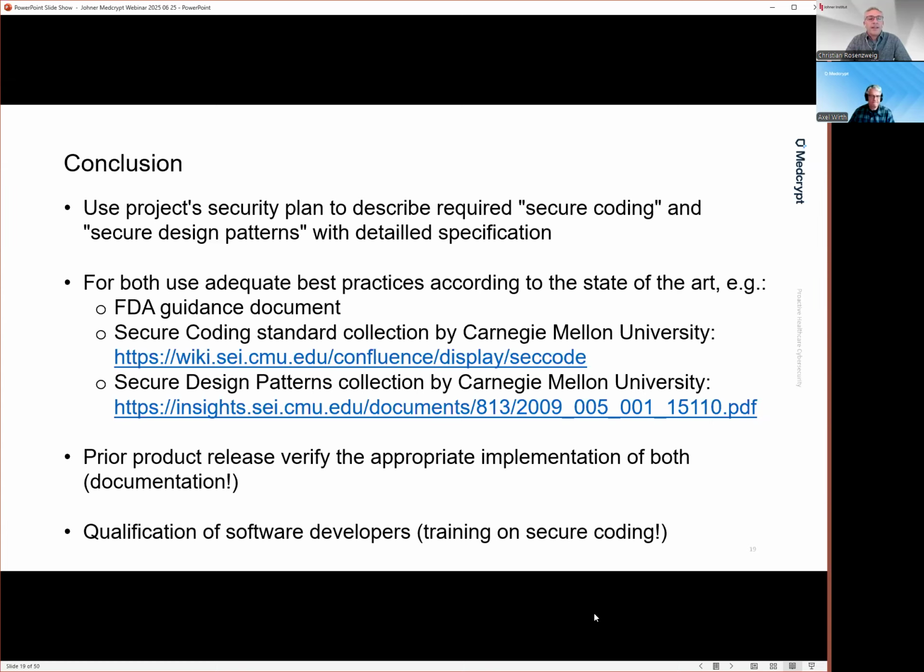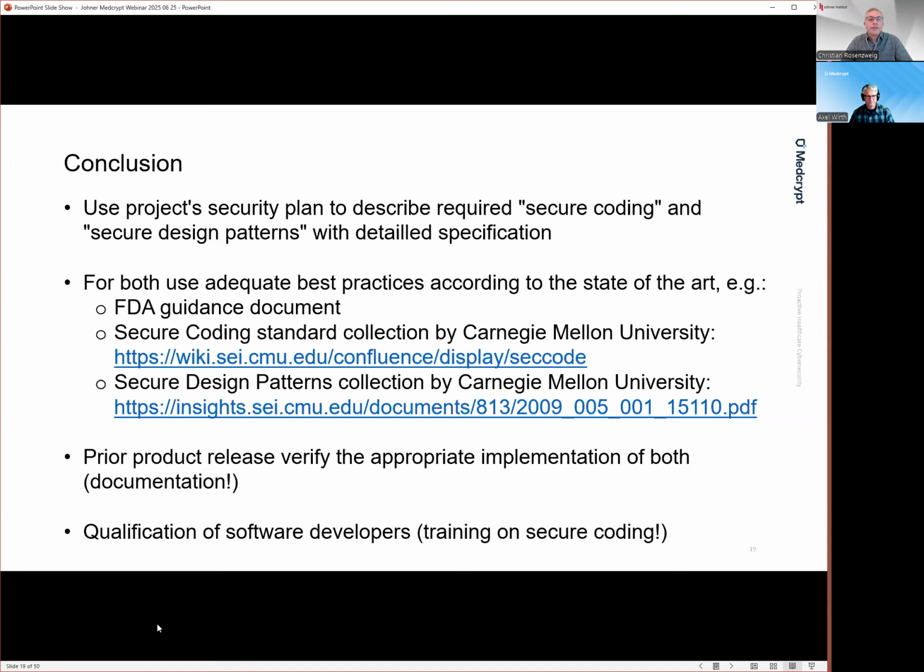For both, use adequate best practices according to the state of the art. And if you want to see what state of the art is, you can go back to the FDA guidance document because we saw they already mentioned some very specific requirements. So you just can take over those requirements, not only for the US market, but also for the European market, because it seems to be state-of-the-art requirement regarding secure coding or secure design patterns.